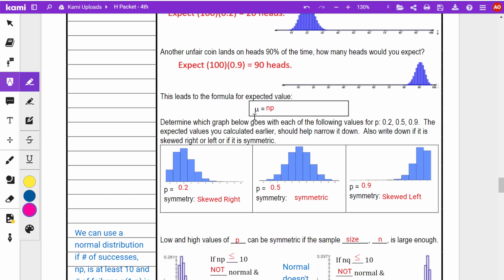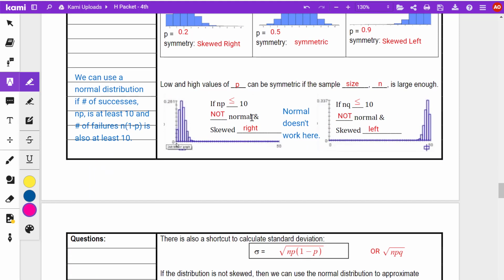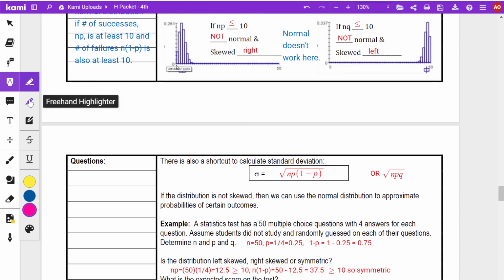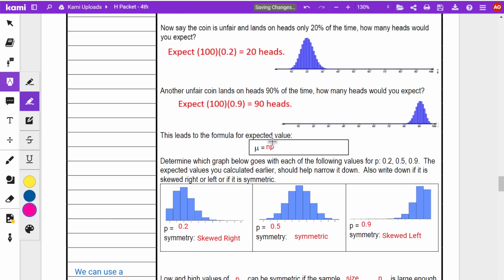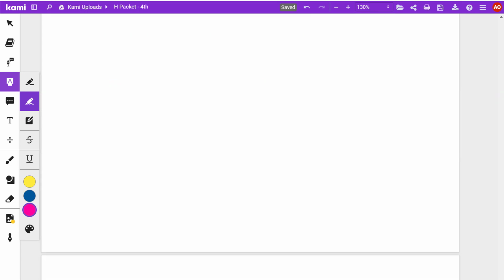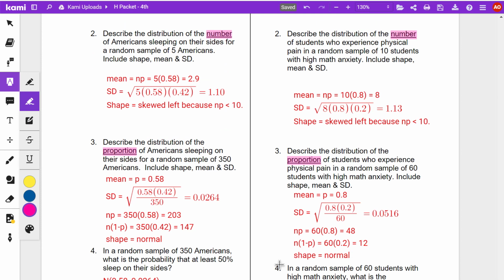There's the expected value for a binomial distribution, which is n times p. That's the mean. And there is the standard deviation. Let me highlight these. These are the two equations that we need. Now we come to the back, and let me write them here.